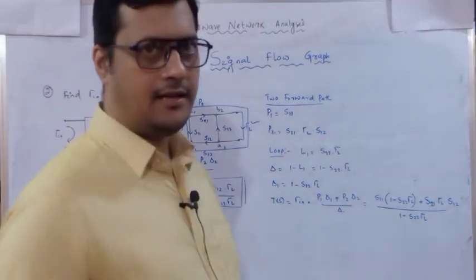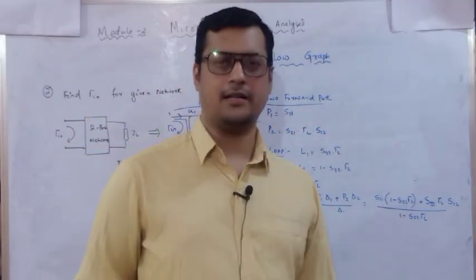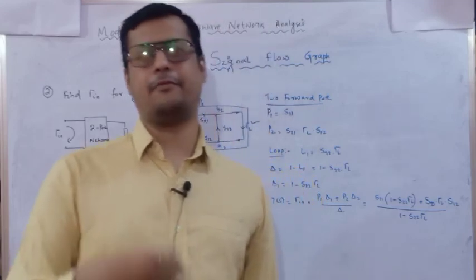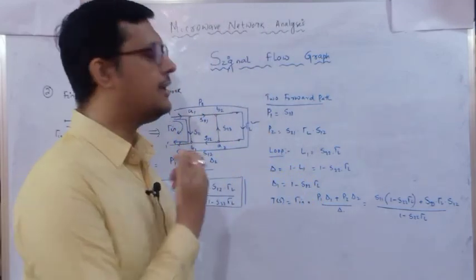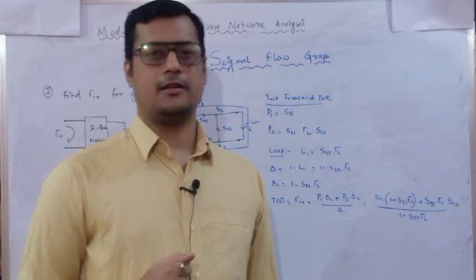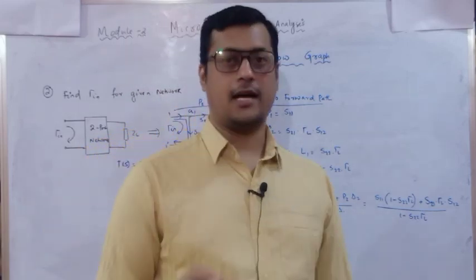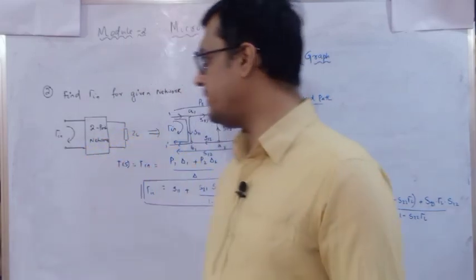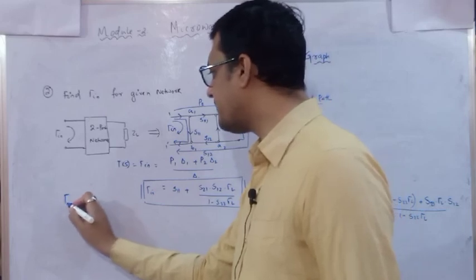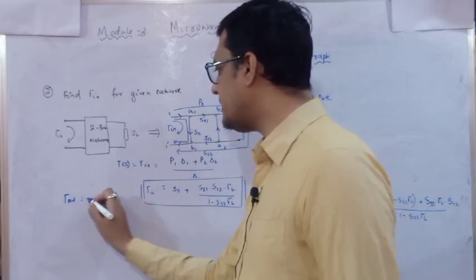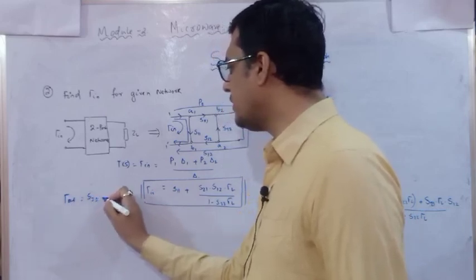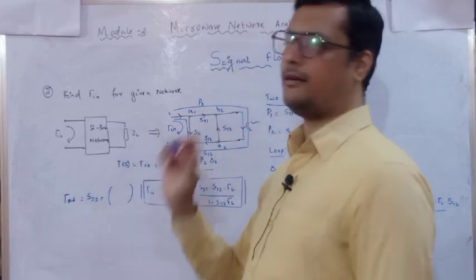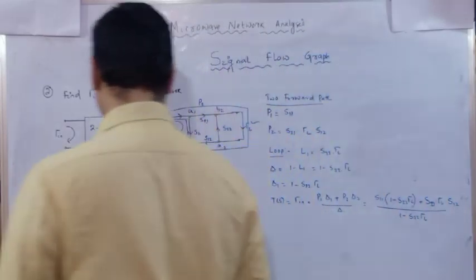We will discuss that output part in the next class, and then we will take a few more numericals regarding this signal flow graph. Till then, try to practice the output one, where the reflection coefficient at the output is equal to S22 plus some additional factor. What will be my additional factor?